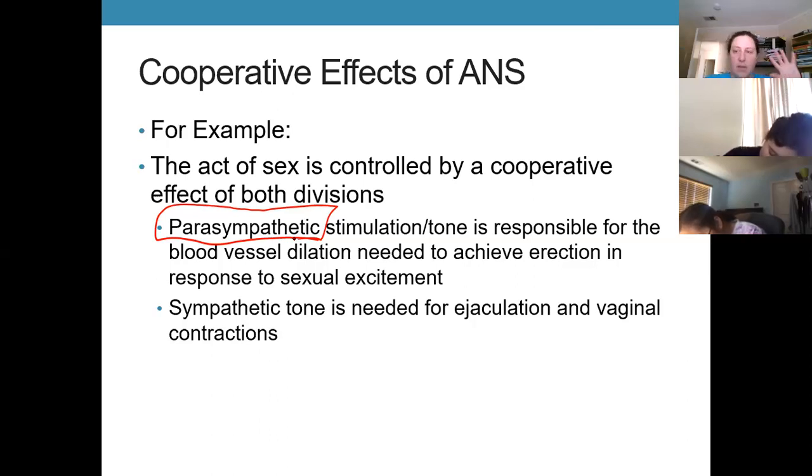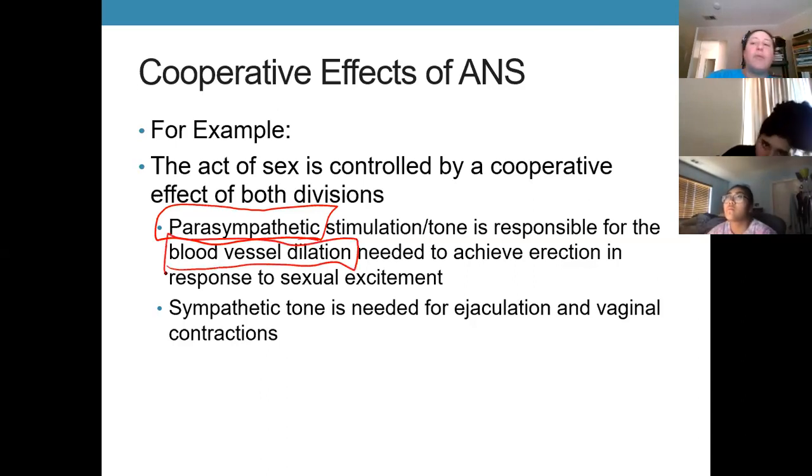If you think back to when our biggest dangers were fire, flood, and bears and wolves, you're not going to be safe if you might get ambushed by a pack of wolves. So high parasympathetic tone is needed, because in order to stimulate reproductive organs, you need to relax blood vessels to allow blood flow, and relaxation of things is typically a parasympathetic thing.